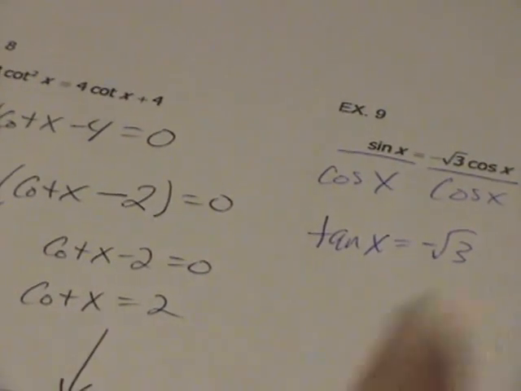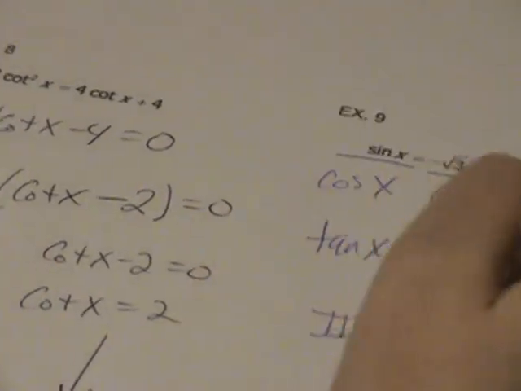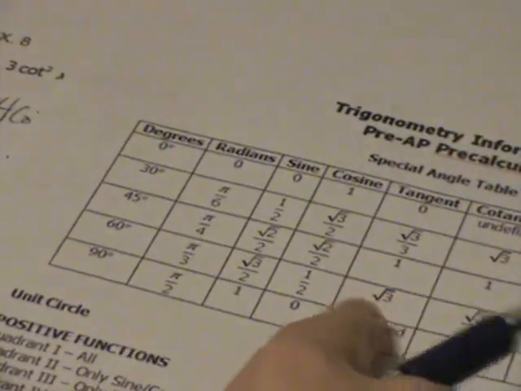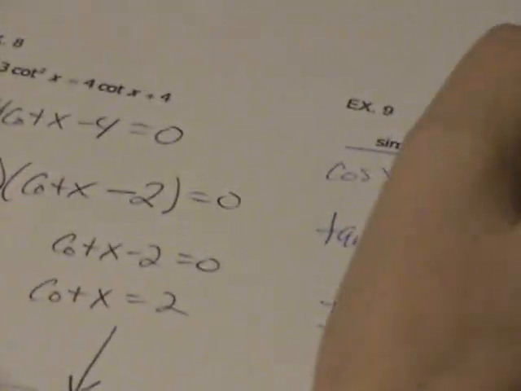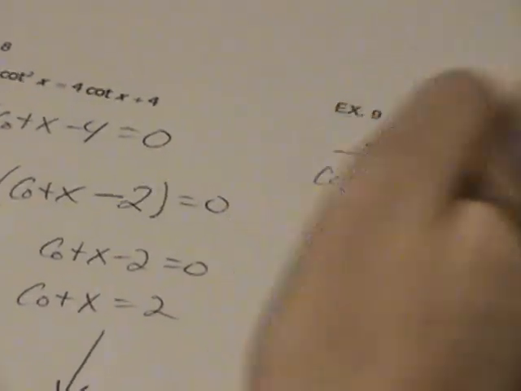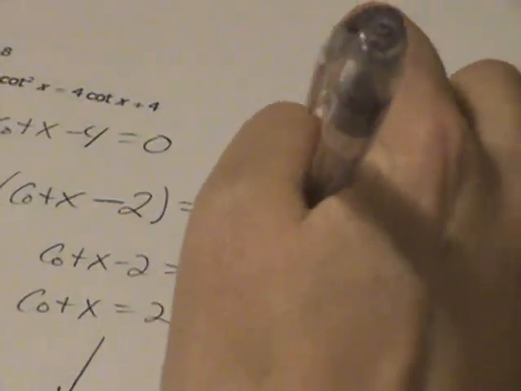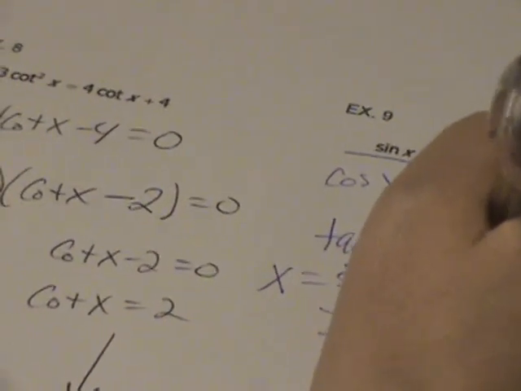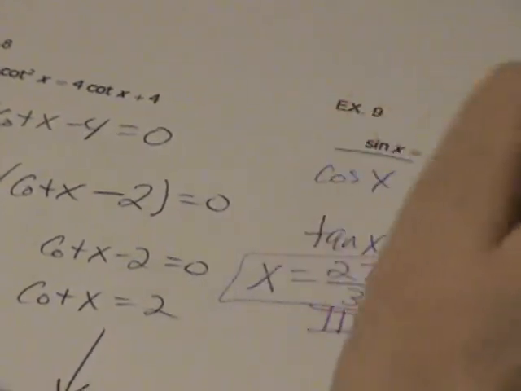All right, my tangent is negative. So my answers are going to be in quadrant 2 and quadrant 4. Tangent, square root of 3 is here. So that's pi over 3. So in quadrant 2, that'd be 2 pi over 3 and 5 pi over 3 for quadrant 4.